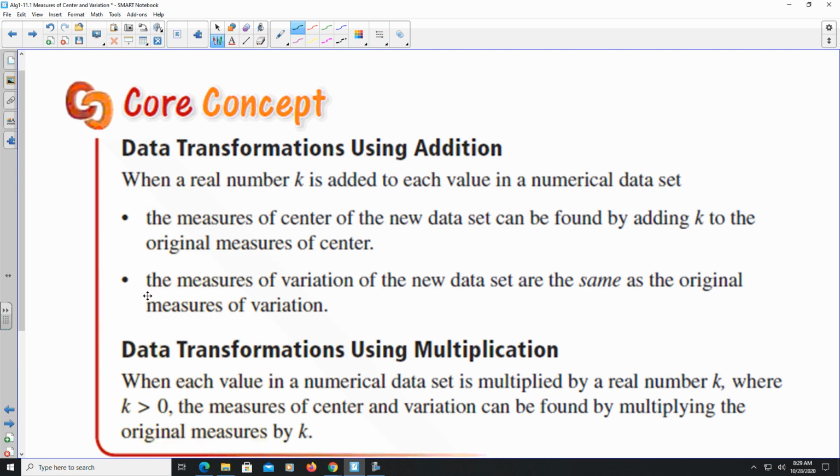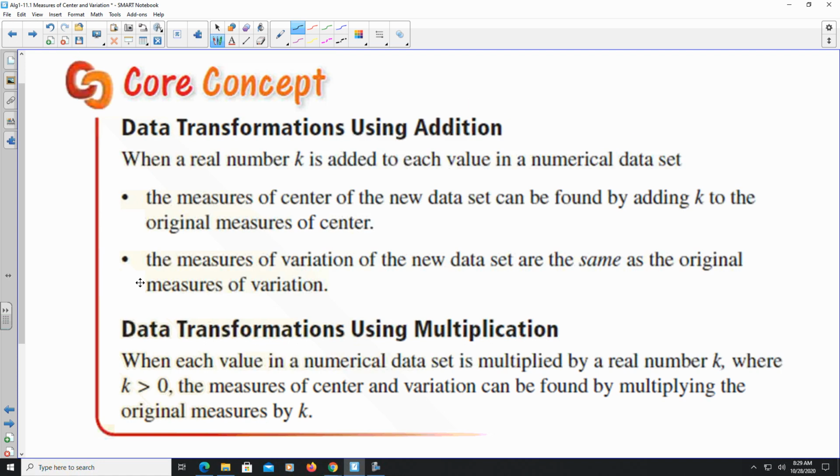The last thing that we're going to look at is data transformations, either using addition or using multiplication. Here it says when a real number k is added to each number in the data set, the measures of the center of the new data can be found by adding k to the original measure of the center.